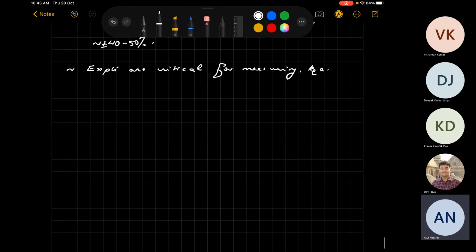So now the methods of measurement. Let me start with the first method. This is the easiest to understand. So this is the easiest method.